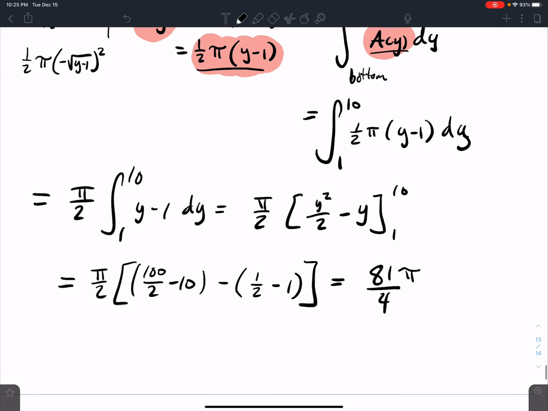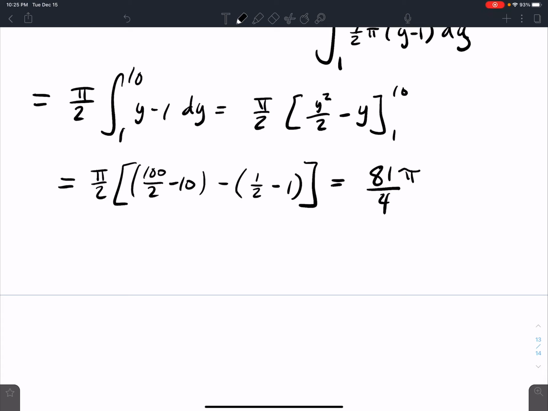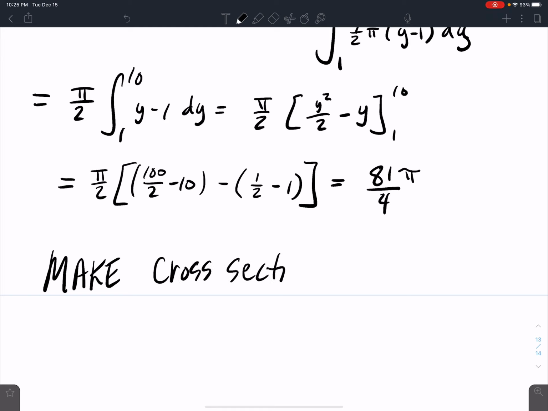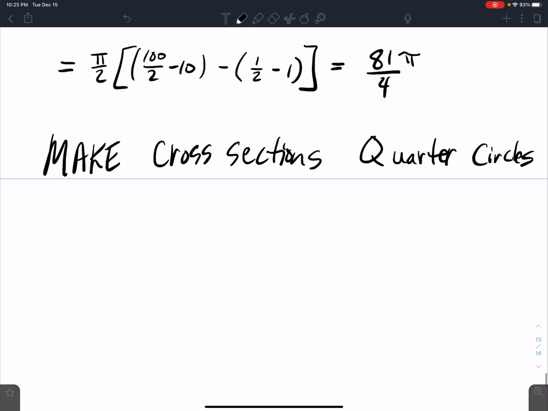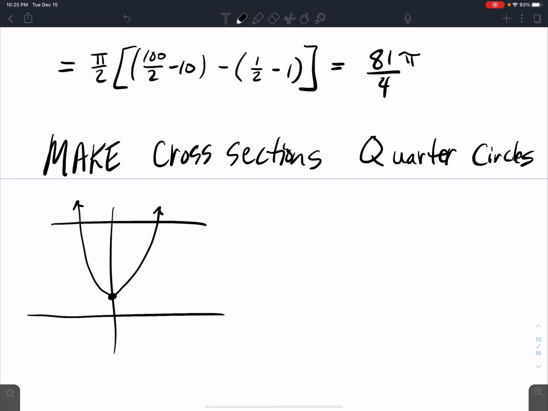Now, say instead you make the cross section quarter circles. Okay, make the cross section quarter circles. So now the picture, we still got the picture going on here. So y equal to 10, and then we started here at 1, right?